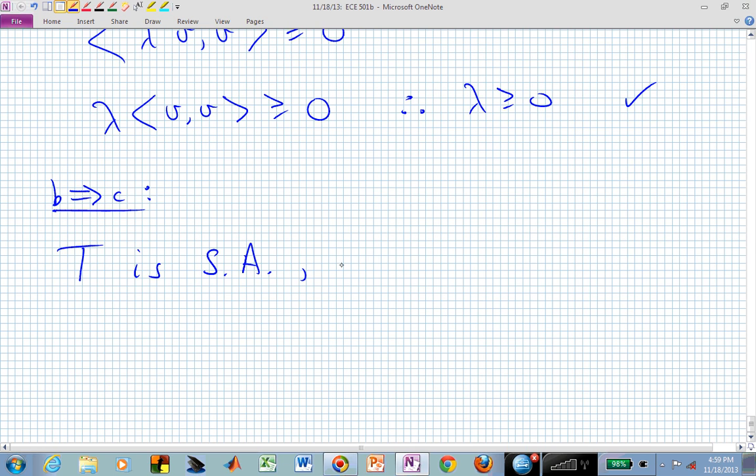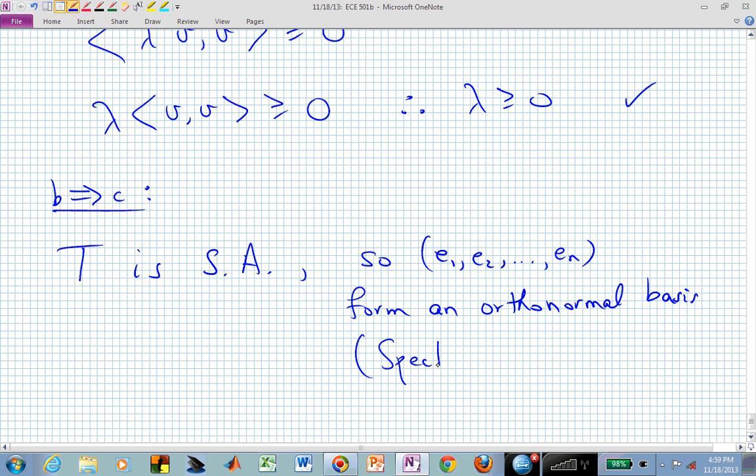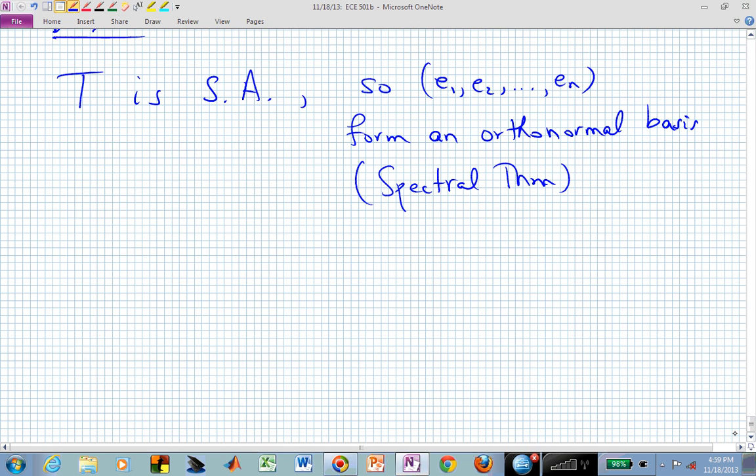So all of the eigenvectors of T, e1 through en, form an orthonormal basis for our vector space V from the spectral theorem.